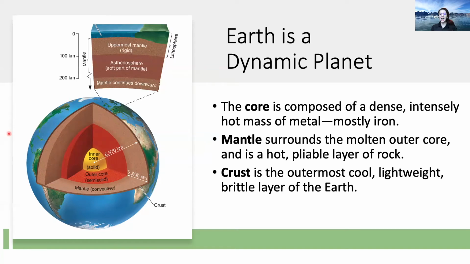And then finally, the outer layer here, we call the crust. It is the coolest layer. It is also the most lightweight layer, and it is the most brittle layer. And we have the crust forming on this outside layer here, largely composed of igneous rock. And we'll talk about different rock types in a little bit.